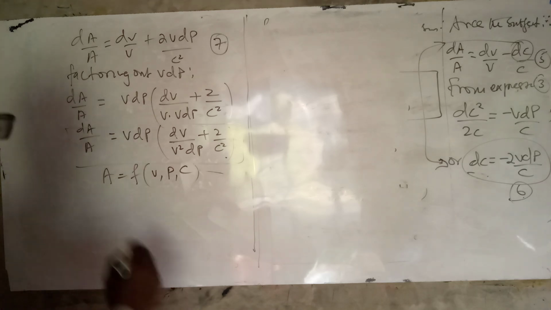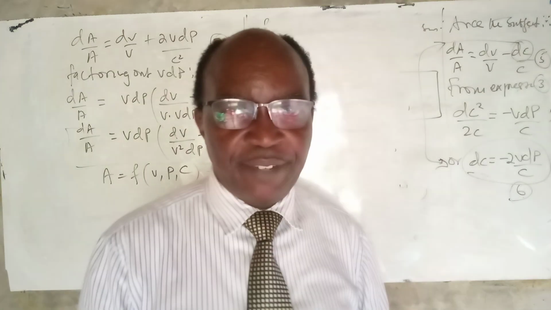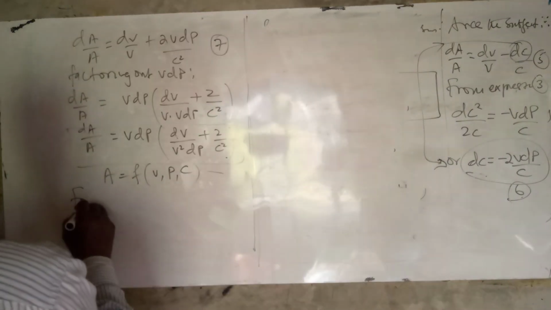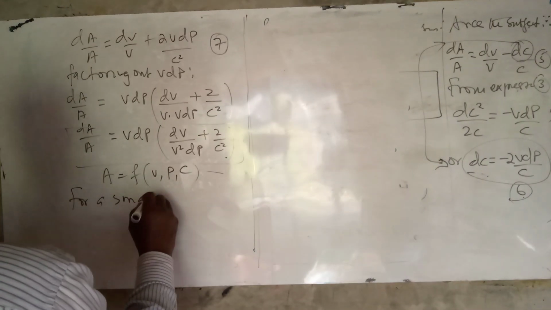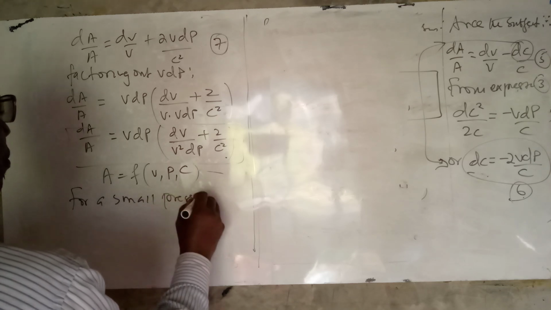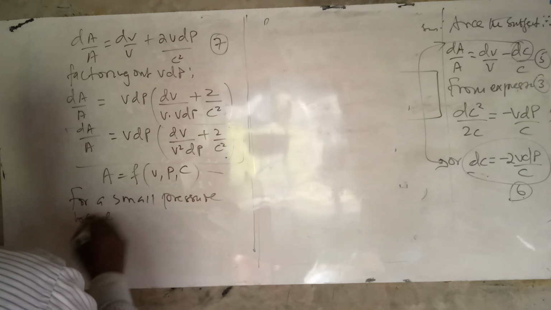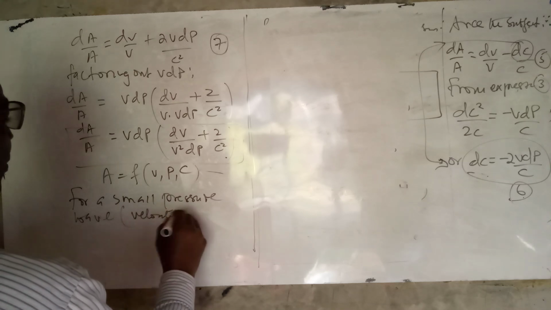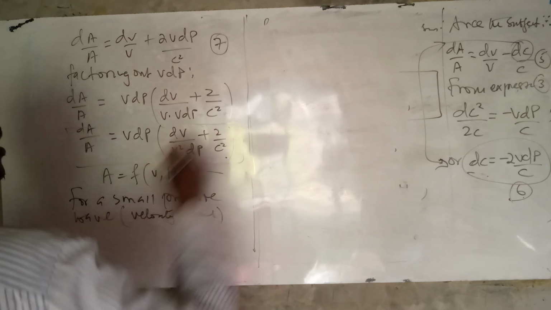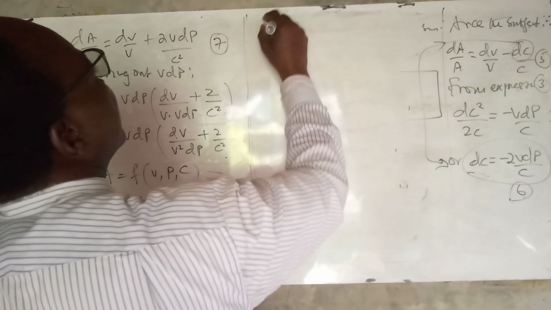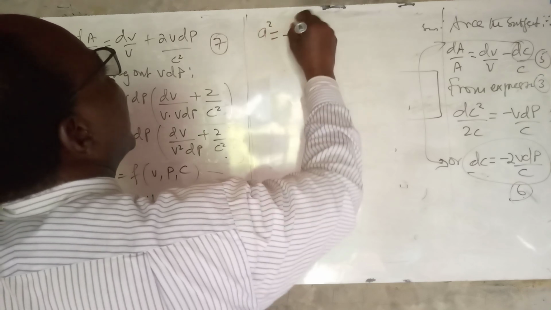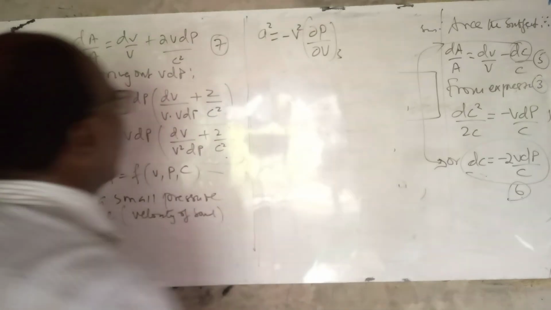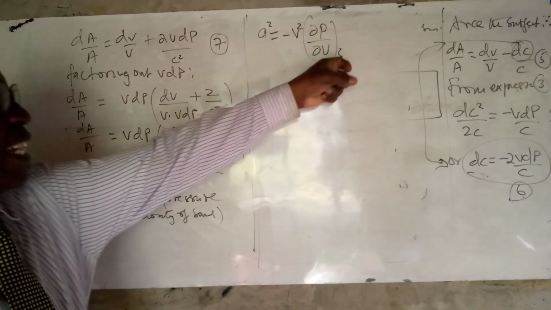And that's very important. Now, for a small pressure wave in a fluid, in fluid dynamics, call that the velocity of sound. The velocity of sound, A squared, is equal to minus V squared dP/dV at constant entropy.